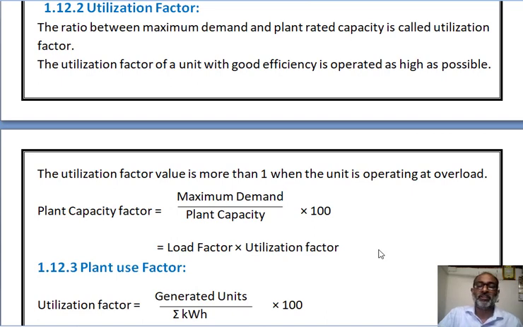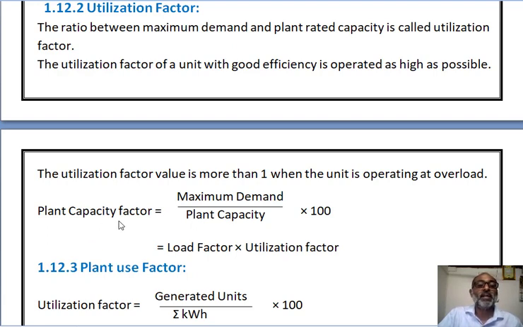Next, utilization factor. The ratio between the maximum demand and rated value of plant capacity is called utilization factor. So the utilization factor of a unit with good efficiency is operated as high as possible. Now the utilization factor value is always more than 1 when the unit is operated at overload.